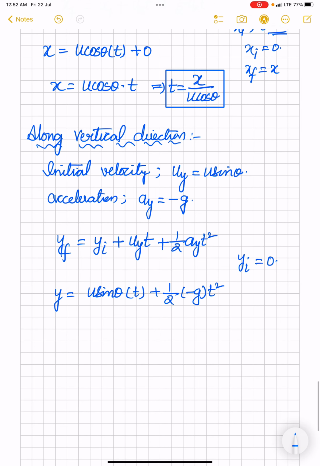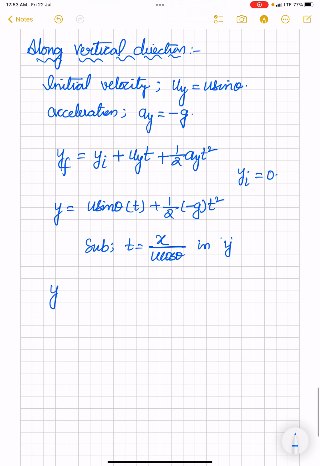Now let us substitute t is equal to x upon u cos theta in y. So y is equal to u sine theta multiplied by x upon u cos theta, plus minus half g multiplied by x upon u cos theta whole square.